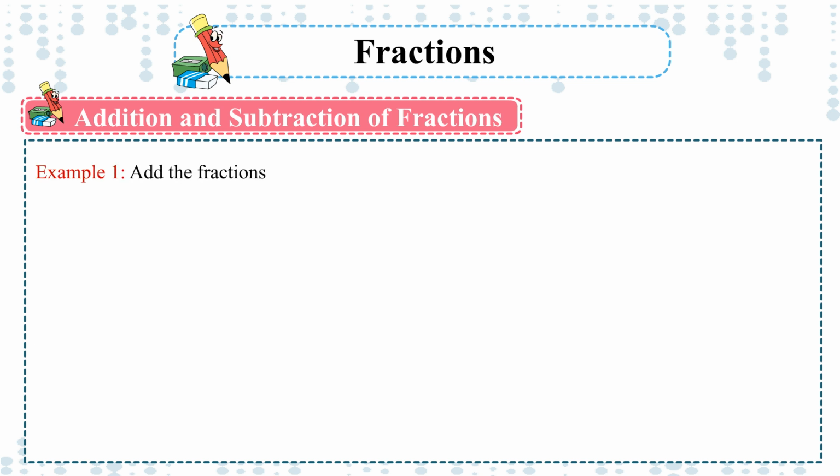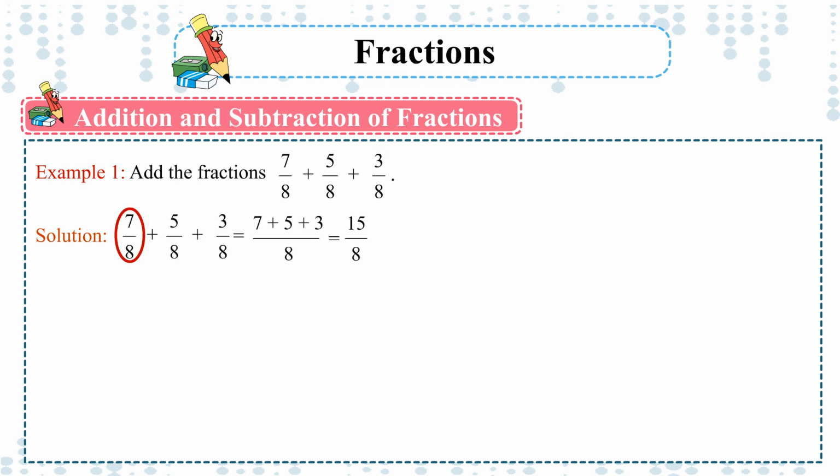Example 1. Add the fractions 7 upon 8 plus 5 upon 8 plus 3 upon 8. Solution. 7 upon 8 plus 5 upon 8 plus 3 upon 8 is equal to 7 plus 5 plus 3 upon 8, which is equal to 15 upon 8.